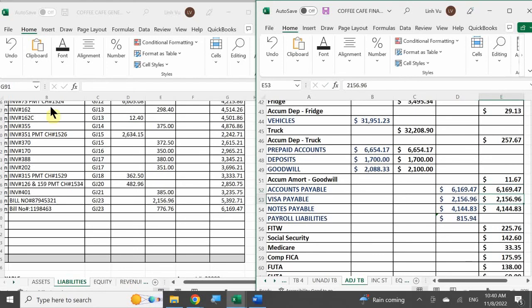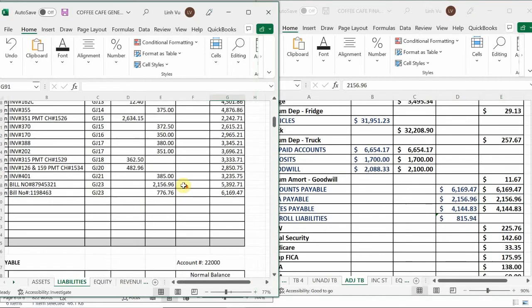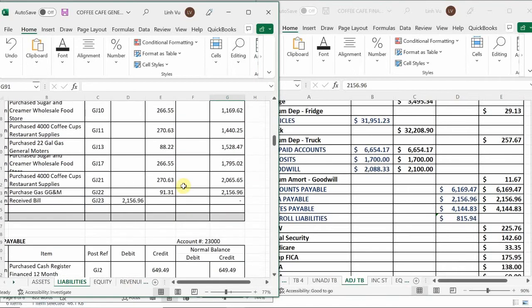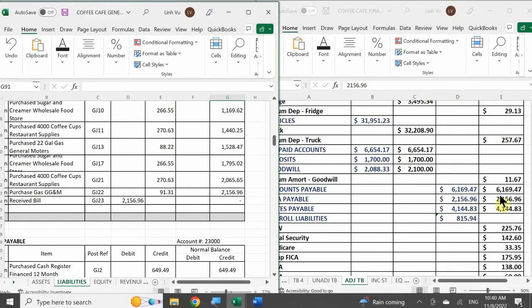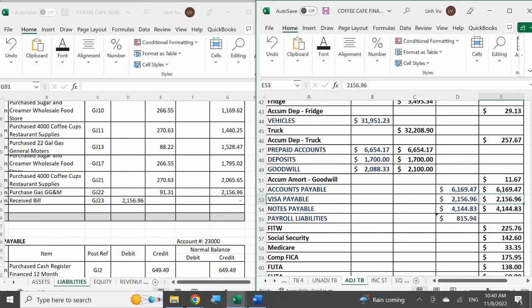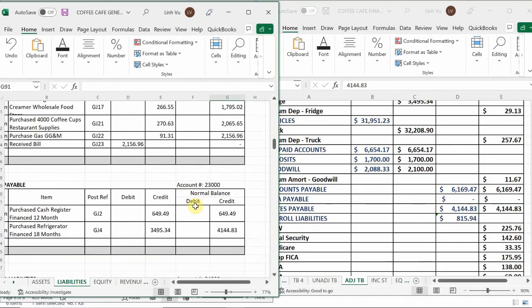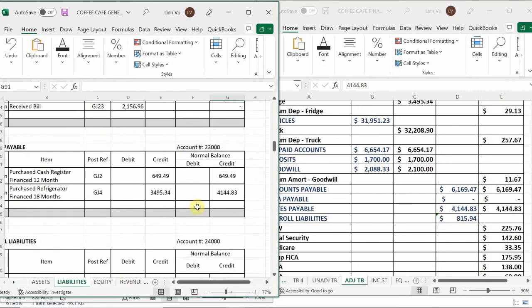Okay. Visa payable, if you remember, we cleared the whole amount out, so right now my Visa payable is 0. My notes payable is still at $4,144.83. I haven't received a bill at all for the payments of them yet.